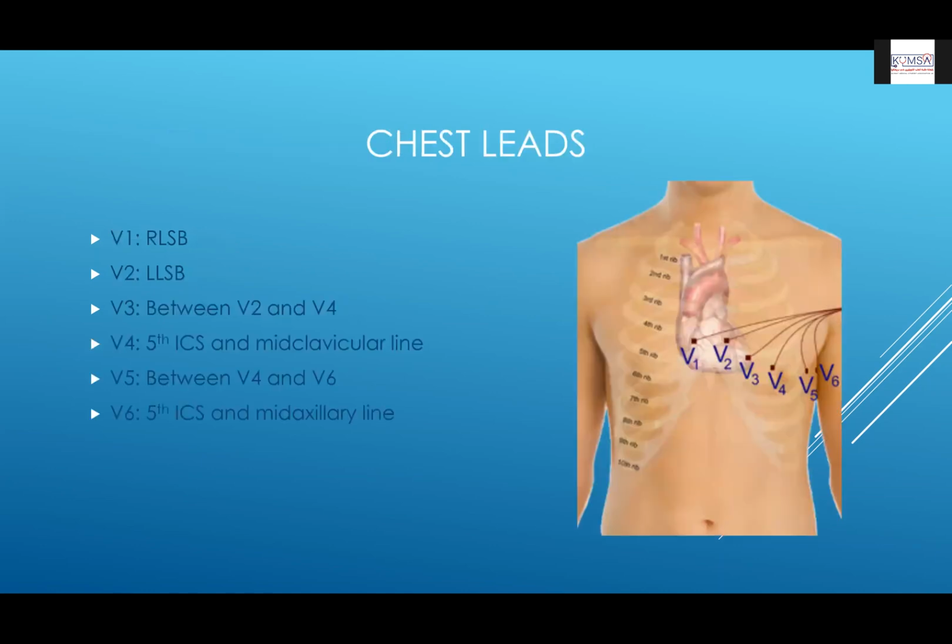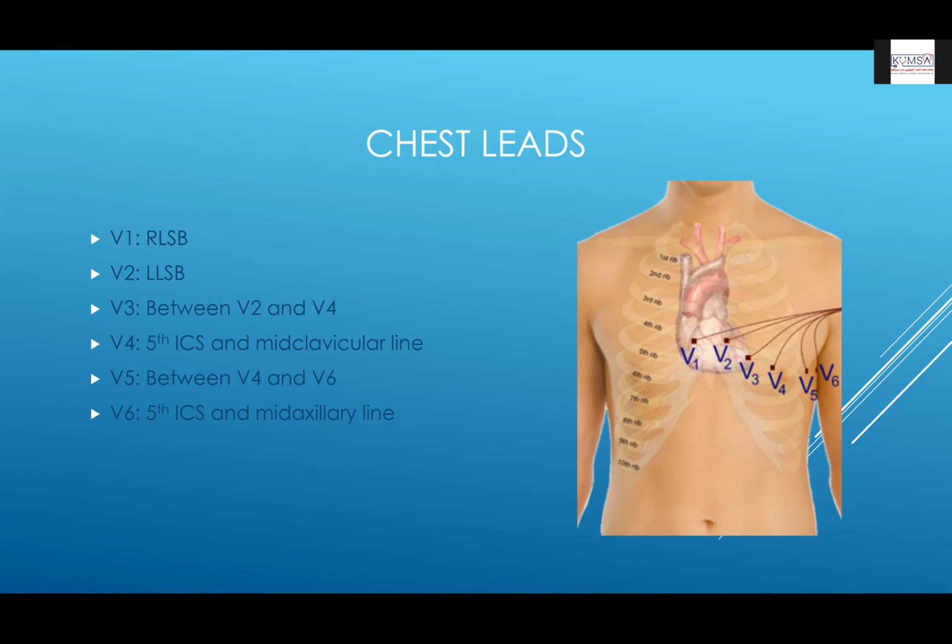So first of all, looking at the chest leads, there are 6 chest leads that we use for our basic ECG. V1 goes in the right lower sternal border, so that's the 4th intercostal space, just right to the sternum. V2 goes on the left lower sternal border. V4 goes at the 5th intercostal space and mid-clavicular line, which is your apex beat.